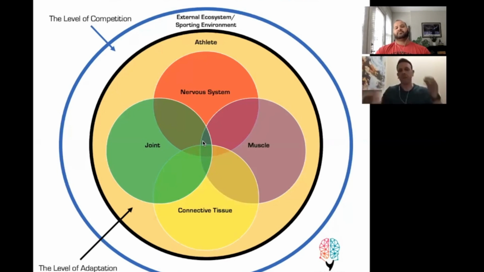The demands of the sport are going to be different. It doesn't necessarily mean that training per se is going to be extremely different from a very basic perspective, because there are still requirements that have to be met from a strength perspective. So that level of competition can help you determine what the neurological outputs of that athlete should be.